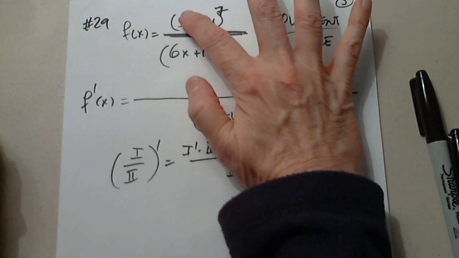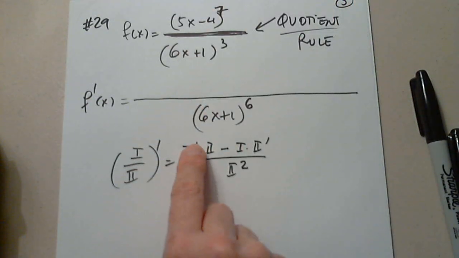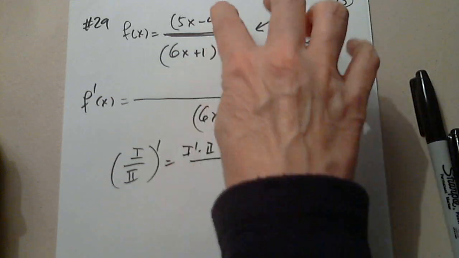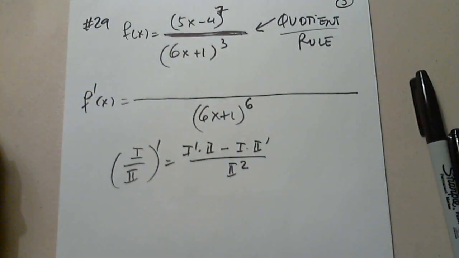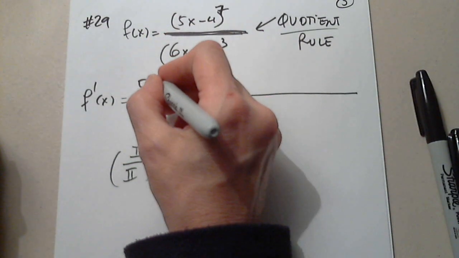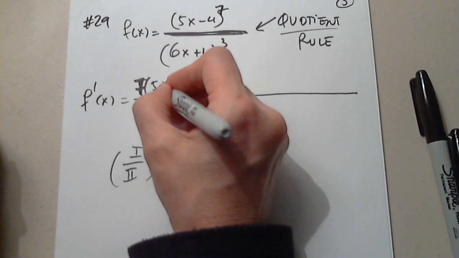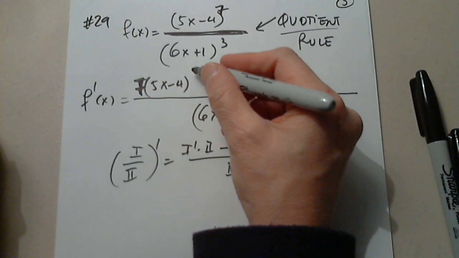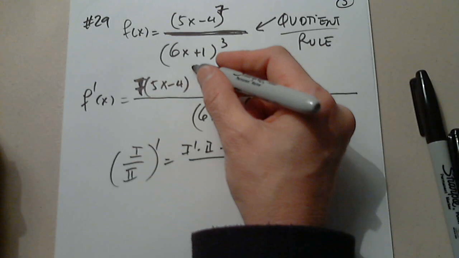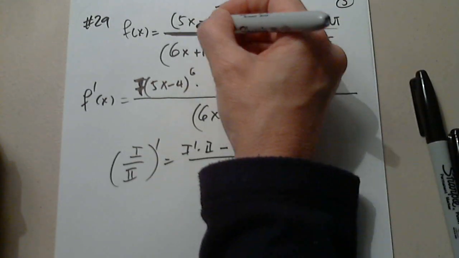Can anyone give us the numerator prime? 7 times 5x minus 4 to which power? 6. Good.